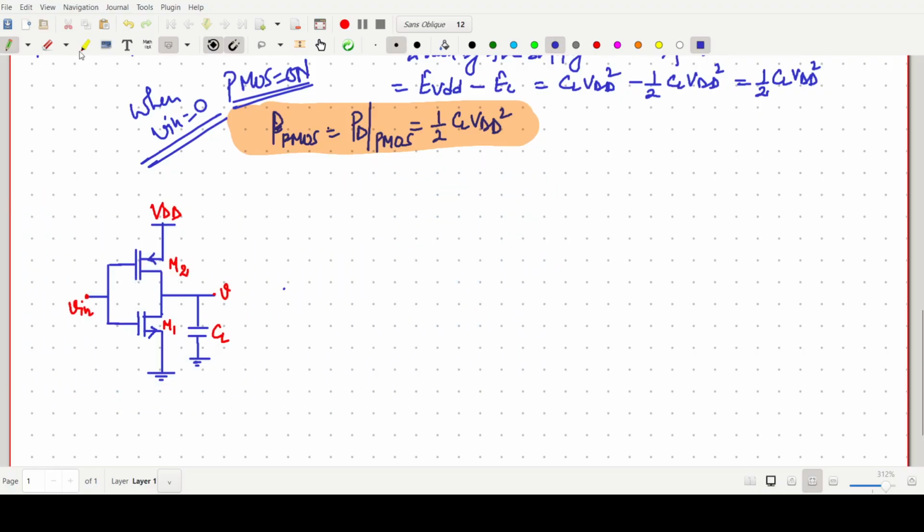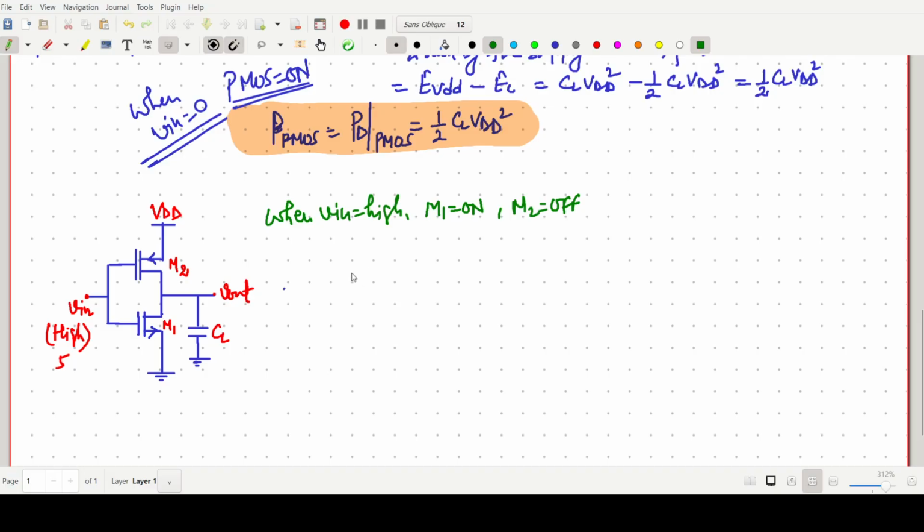This one is our V output. It is very simple, but we have to practice. When Vin is high, that is say 5 volt or anything, at that time our NMOS, that is M1, becomes on and M2 becomes off.